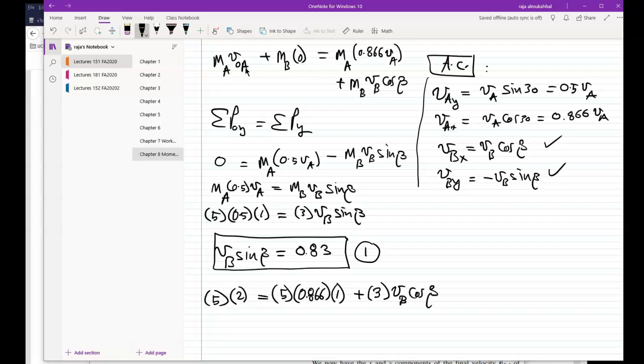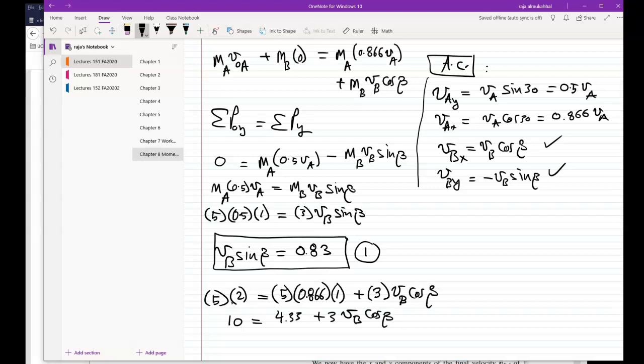See that? Excuse me, I beg your pardon. Okay, sorry. So we have here 5 times 2 is 10. Then I can multiply that and move it to the other side. You see what I'm saying? So that's going to be 5 times 0.866, and that's equal to 4.33 plus 3 vB cosine beta.